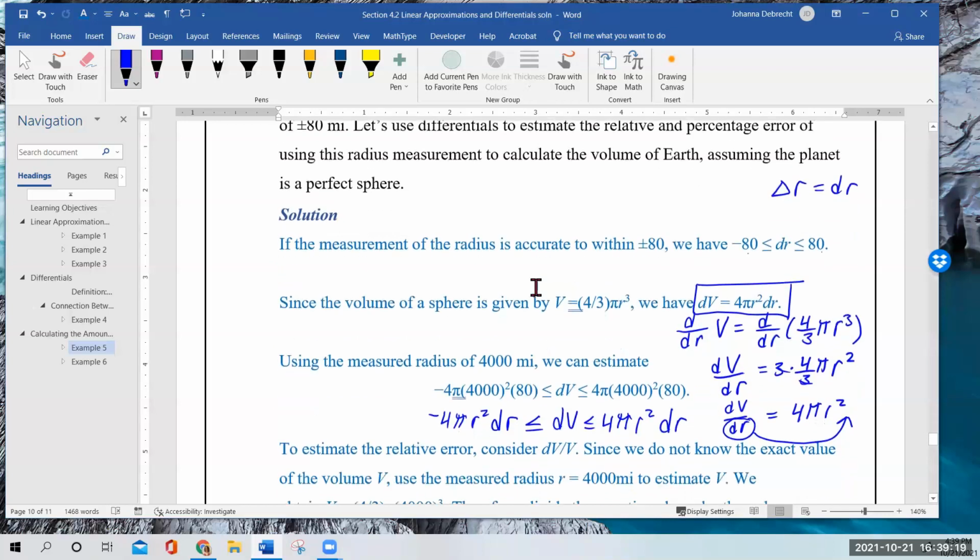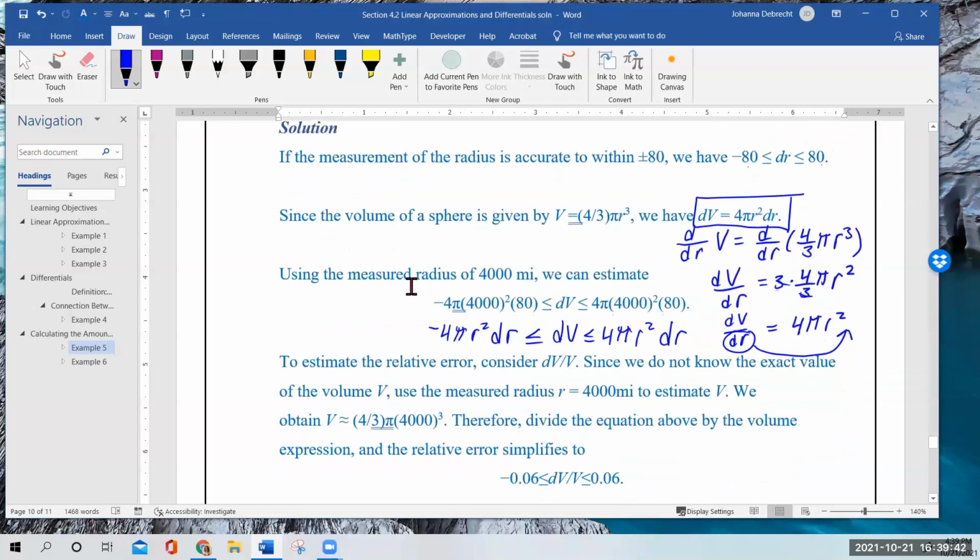When we're looking at this, we want to evaluate now the relative error, which is the change in volume divided by the volume. However, we don't know the exact value of the volume because we don't know exactly what the radius is. We use the measured radius of 4,000 miles to estimate the volume.